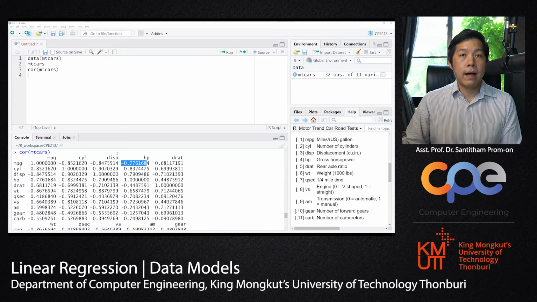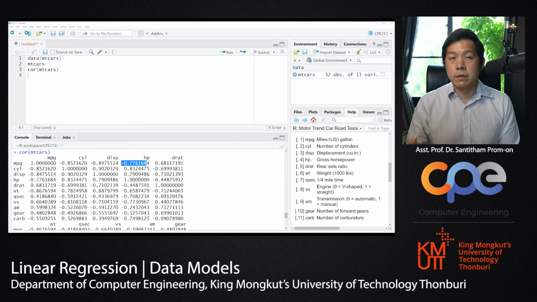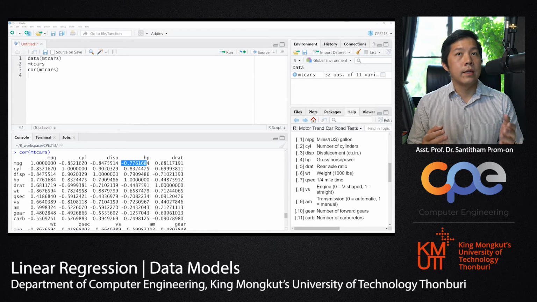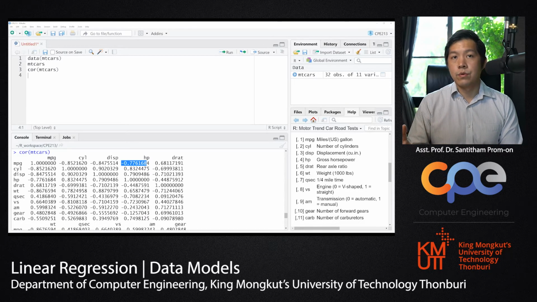So the more horsepower the car has, the lower the value of MPG, the mileage per gallon. Mileage per gallon indicates the amount of distance that the car can cover when it consumes a certain unit of fuel.